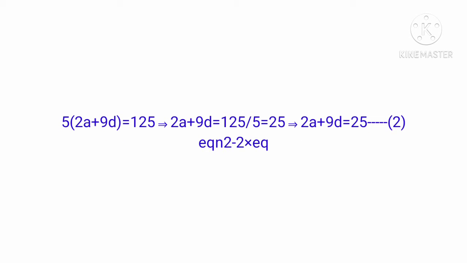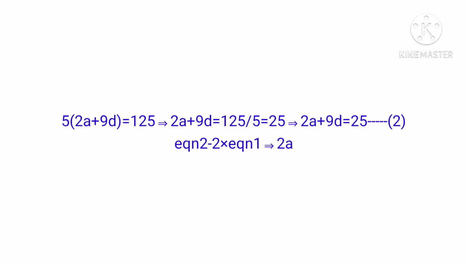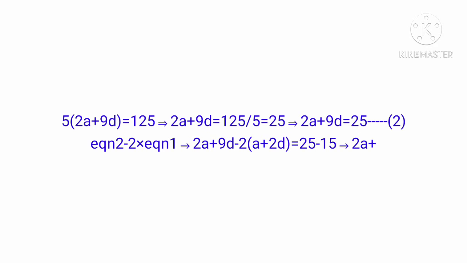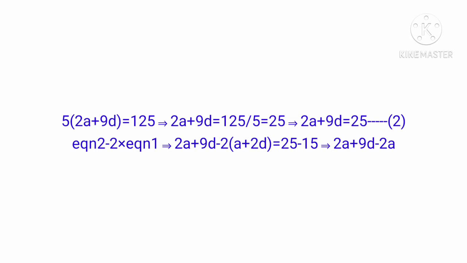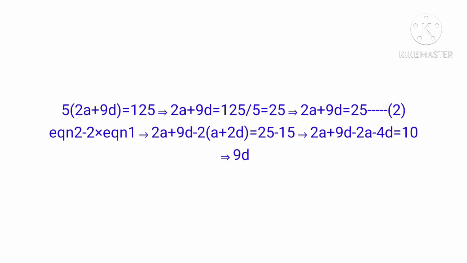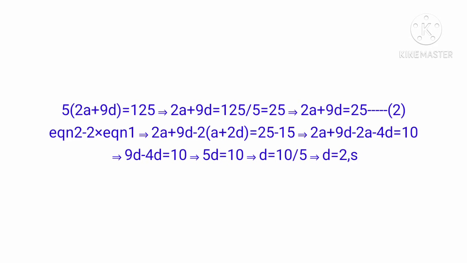Now equation 2 minus 2 into equation 1, so that implies 2a plus 9d minus 2 into a plus 2d is equal to 25 minus 15 implies 2a plus 9d minus 2a minus 4d is equal to 10. 2a cancels, 9d minus 4d is equal to 10 implies 5d is equal to 10 implies d is equal to 10 by 5, d is equal to 2.